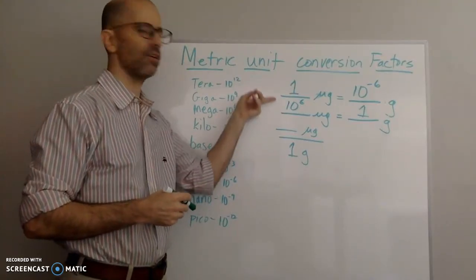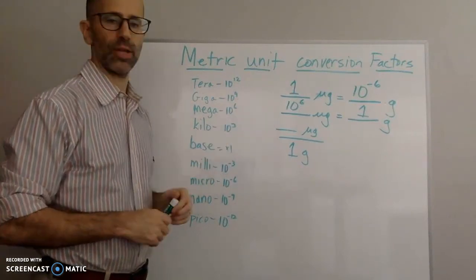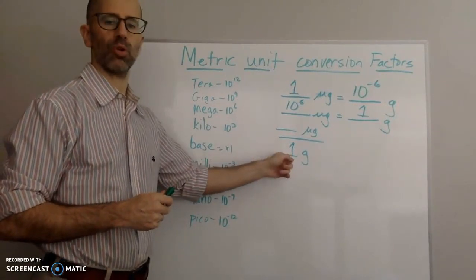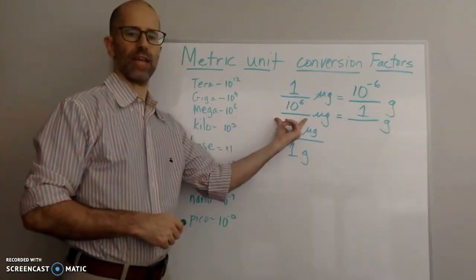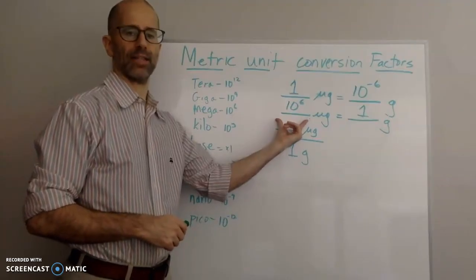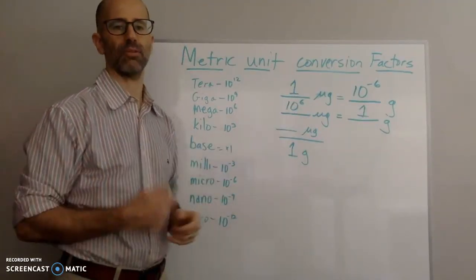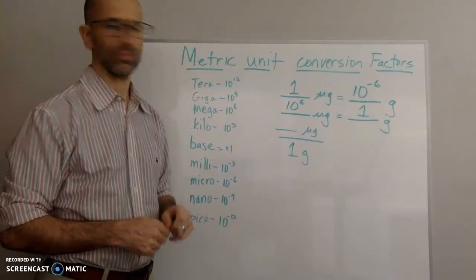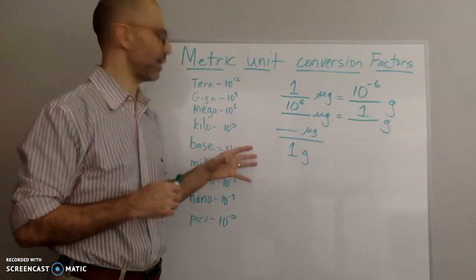So both of these are equal. That's just in case you need to put the 1 with the base unit. So just remember that you take the prefix multiplier, you add it to the unit with the prefix, but you need to change the sign of the multiplier. Okay. So that's the caveat that I want to mention.